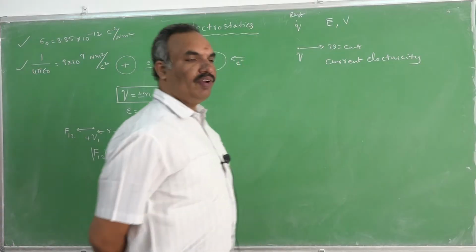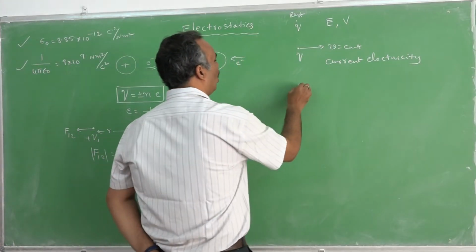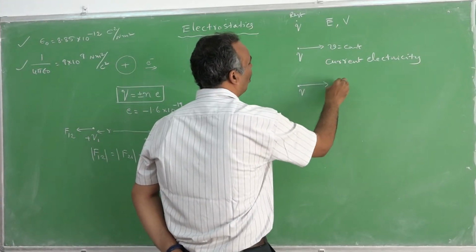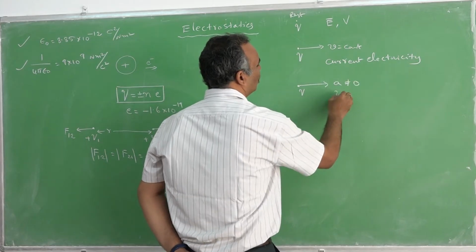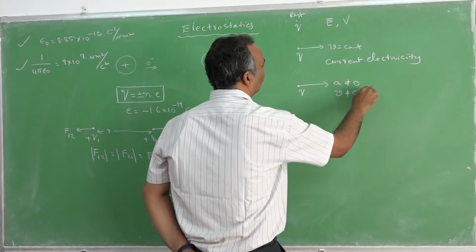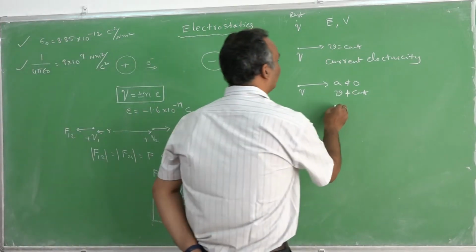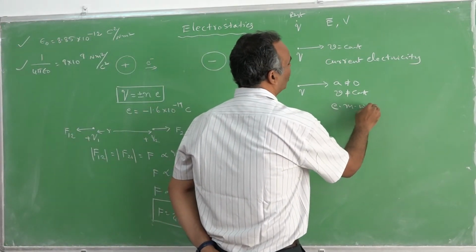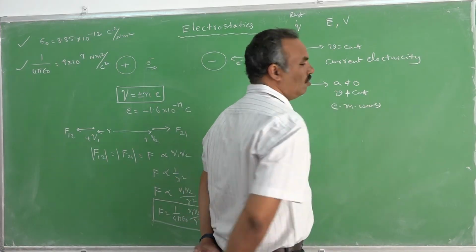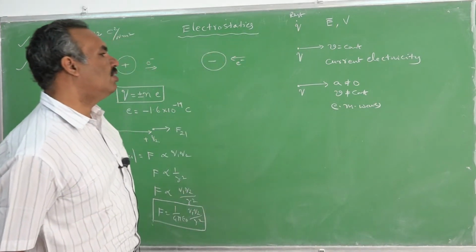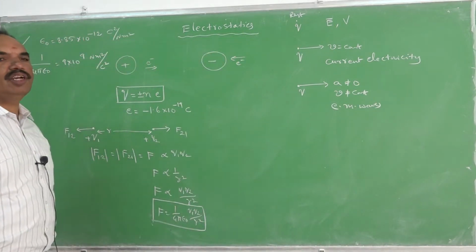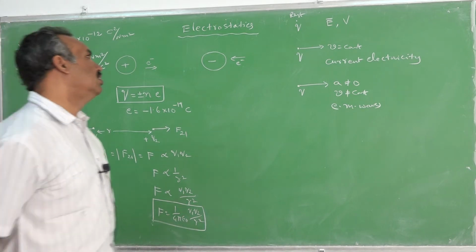Later, we need to study a charge which is moving with non-zero acceleration. That means velocity is not constant. Such a charge can create an electromagnetic field or electromagnetic waves around it. So, in the lesson named electromagnetic waves, we will study accelerating charges.